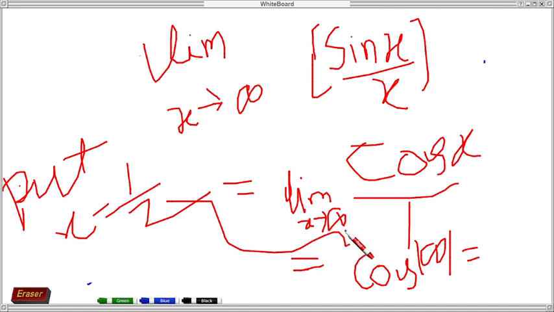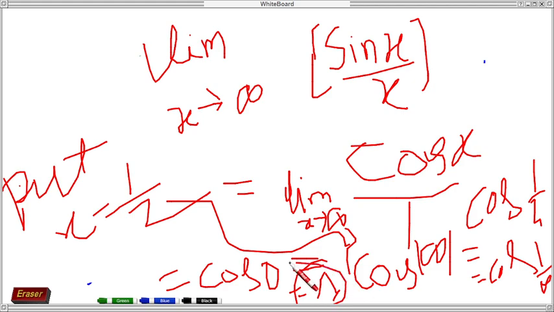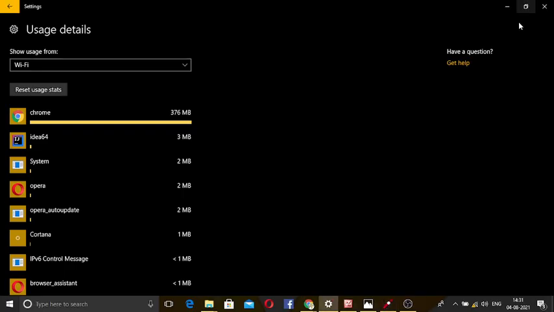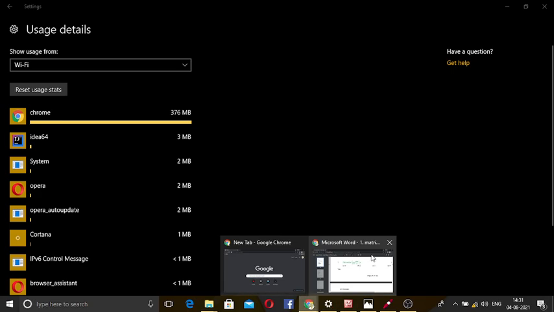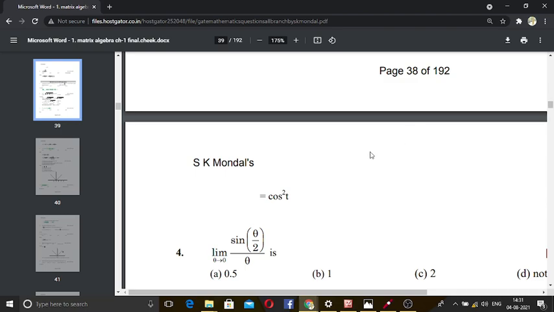If you substitute there, simply cos of 1 by z becomes cos of 1 by infinity. What is the value of 1 by infinity? It is 0, so cos 0. What is the value of cos 0? 1. The value of cos 0 will be 1. That means 1 is your answer for this question. So I think C is the correct option.